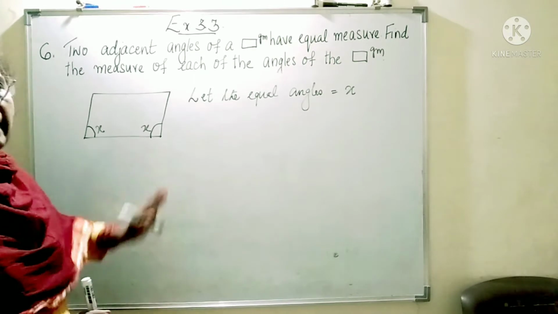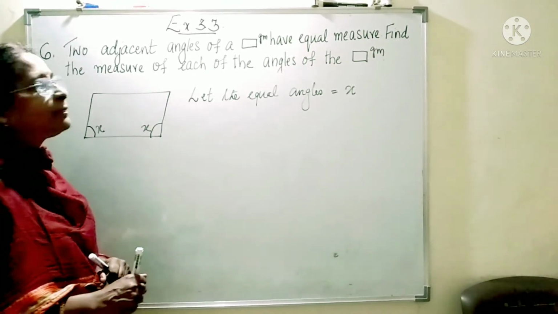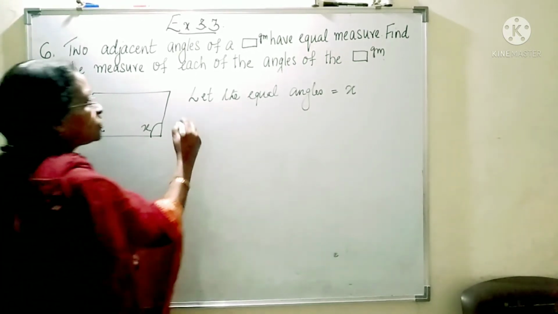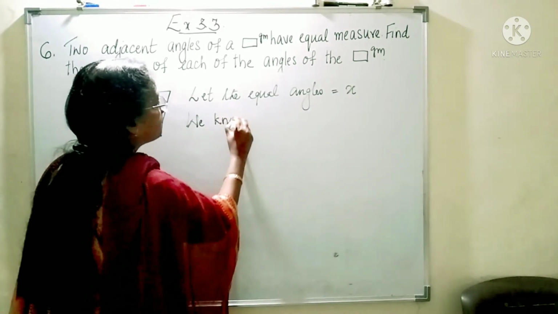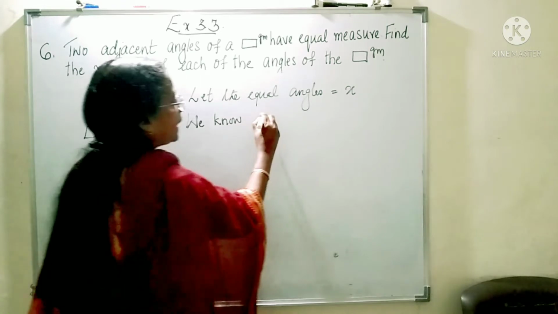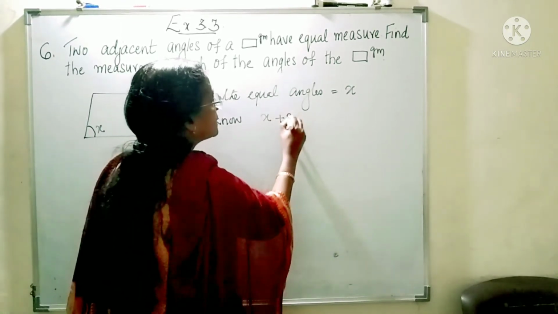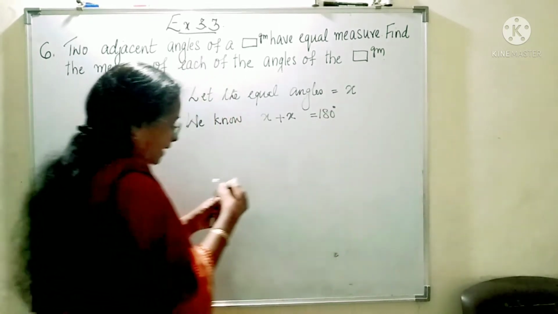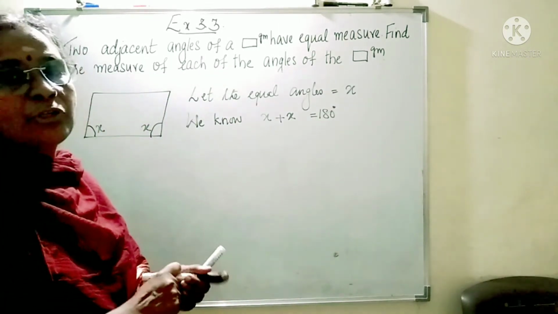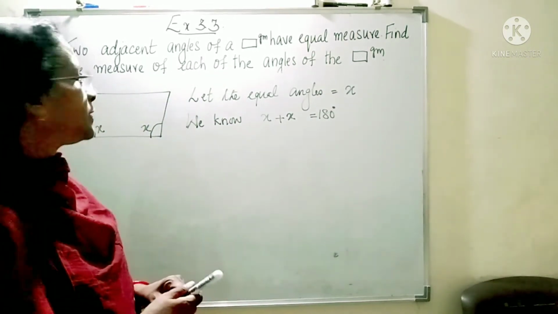Now what can you say about the adjacent angles of a parallelogram? So we know that x plus x is equal to 180 degree. Why is it equal to 180 degree? By which property is it?